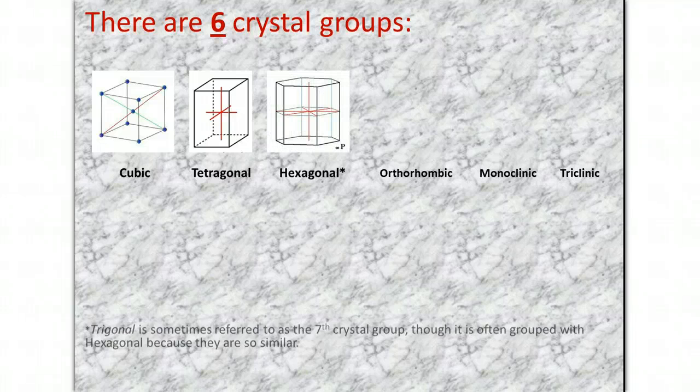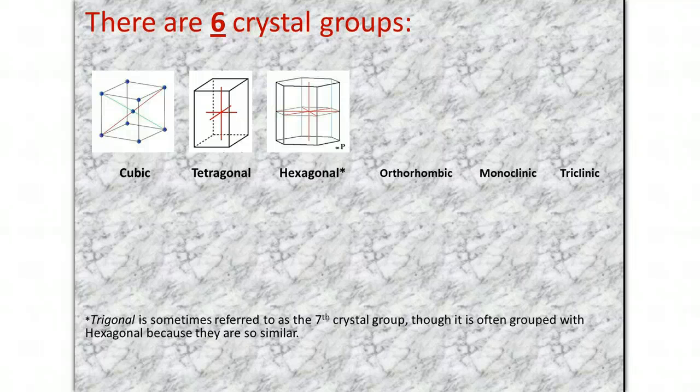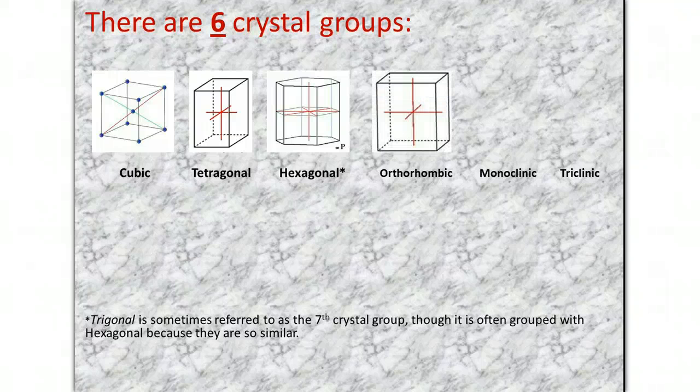Now hexagonal may have grouped with it a group called trigonal, which is sometimes referred to as the 7th crystal group, but most of the time they're grouped together because they're very, very similar. But hexagonal is the more common group that you'll see. So cubic, tetragonal, hexagonal, orthorhombic, monoclinic, and triclinic.